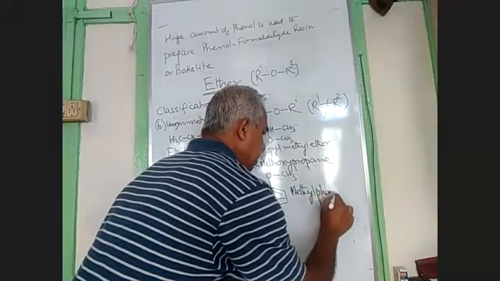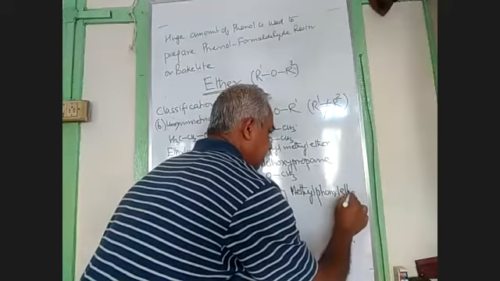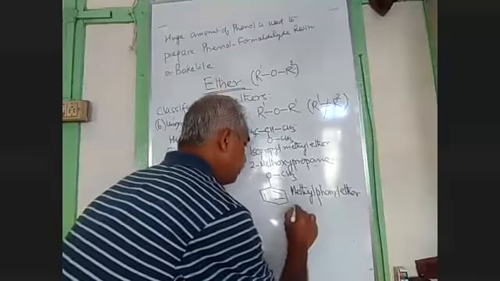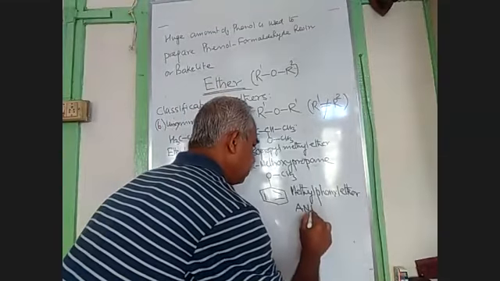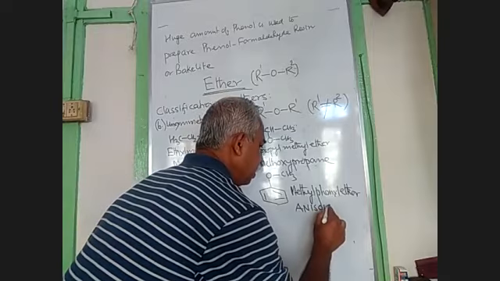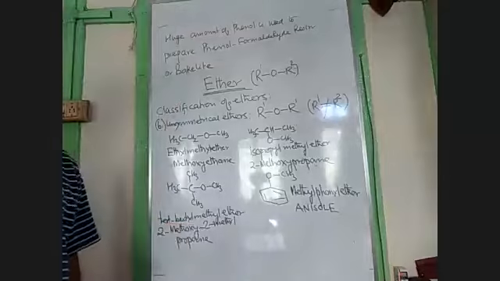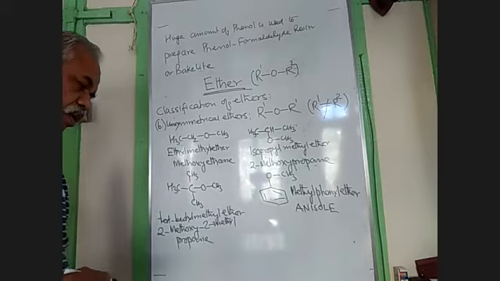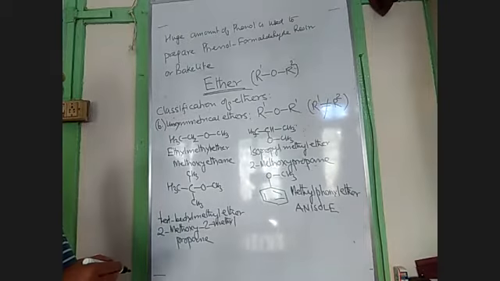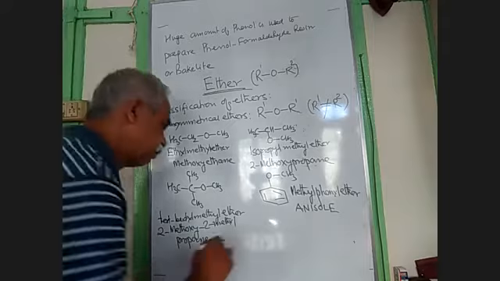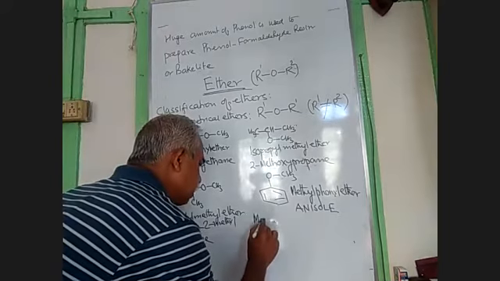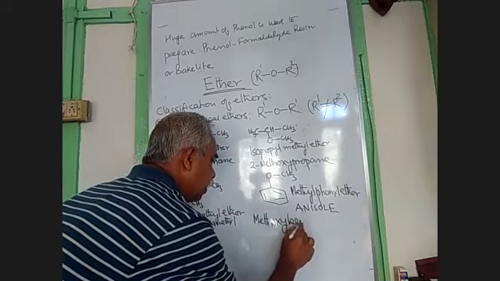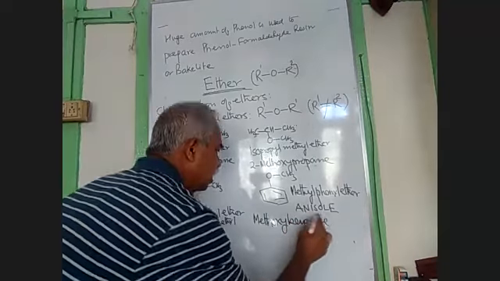But it is more popularly known as, and in your exam also they give you this name, anisole. This is the more popular name, anisole. What is the IUPAC name? IUPAC name is methoxybenzene. Please write.